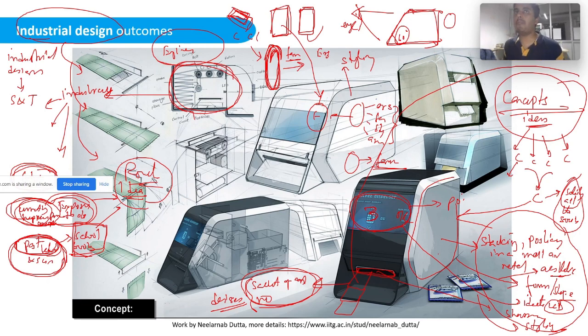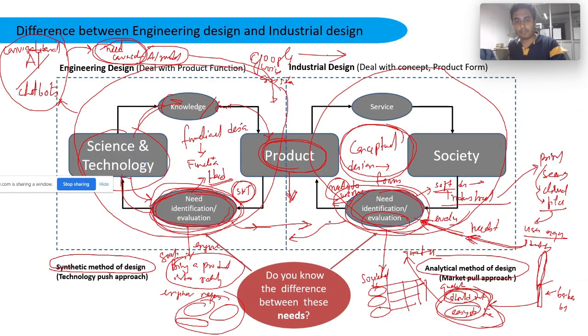In the analytical approach, we go from the problem, the need, and then come up with concepts and then move towards the functionalities. But the other way around, there can be some kind of technological leap and then you try to use that technology to come up with the concepts. I explained that in the previous slide.